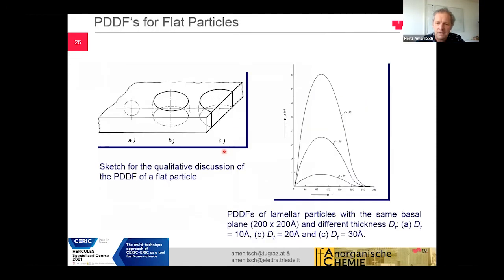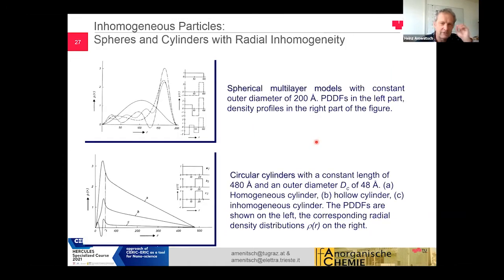And as I told you before, you get this very broad behavior of the pair distance distribution function. And if you make a transformation, you will learn about the dimension of the thickness.